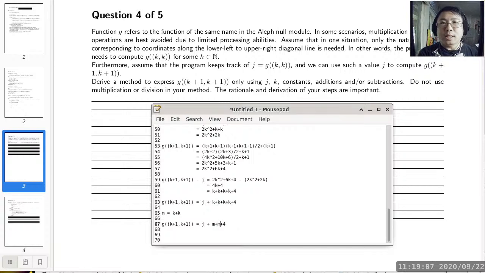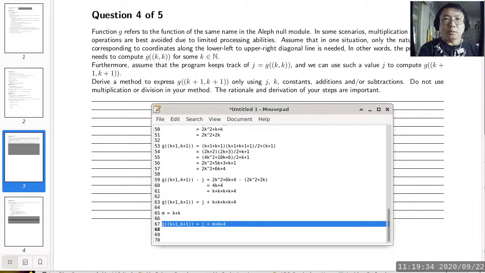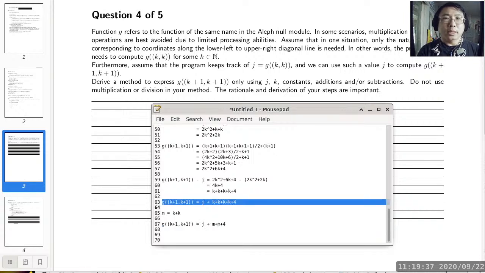So you basically save 2 additions because we partially compute k plus k first. Then we can compute m plus m to get to the 4k, and this is how we can minimize the number of actual operations. But the question doesn't ask you to do the absolute optimization, so there's no need to get to this particular solution, which is slightly better compared to the one that I have written over here.